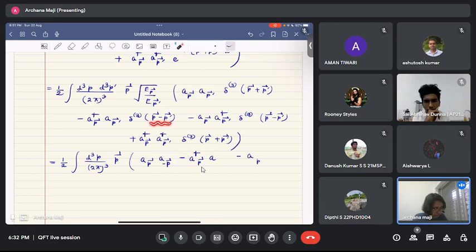Then this will give a non-zero contribution only when P equals P prime. Likewise, this is also giving a non-zero contribution when P equals P prime. So we have A dagger P, A P, minus A P, A dagger P.